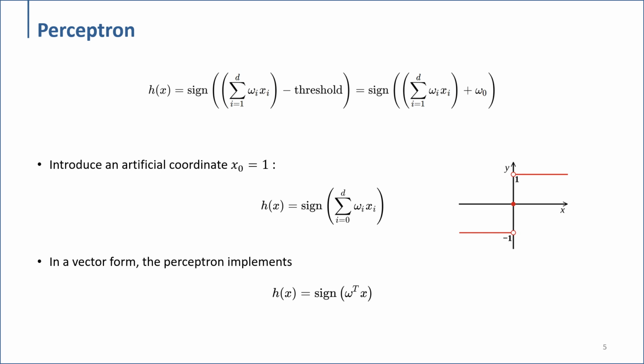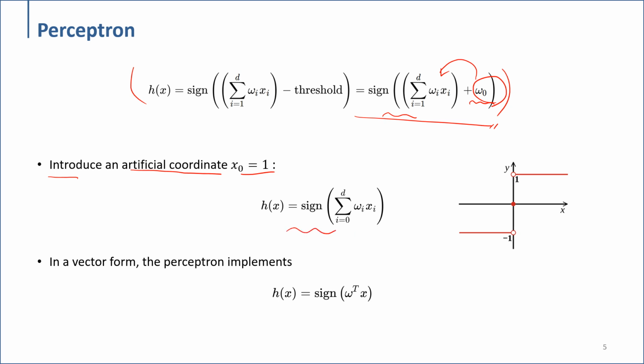So in the previous slide, we rewrote this mathematical expression for the classification problem, and in the last part, if we introduce an additional artificial coordinate x0, which is equal to 1, then the final term can be included in this summation by letting i start from 0 to d.